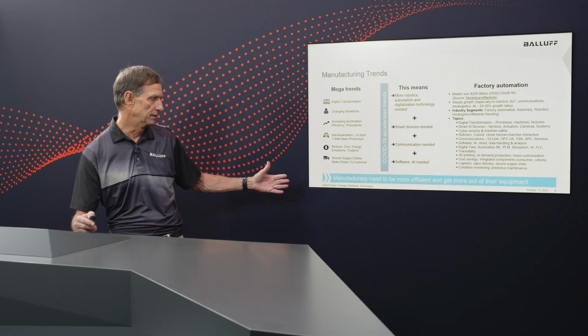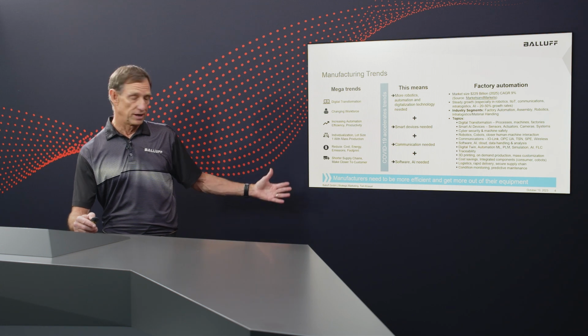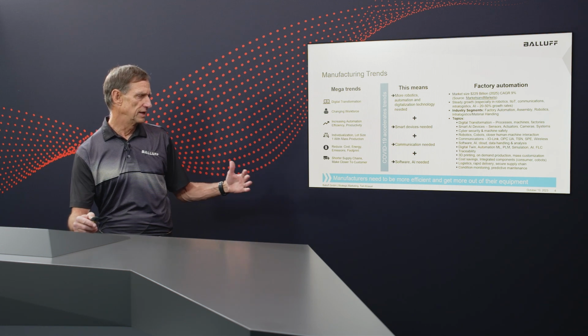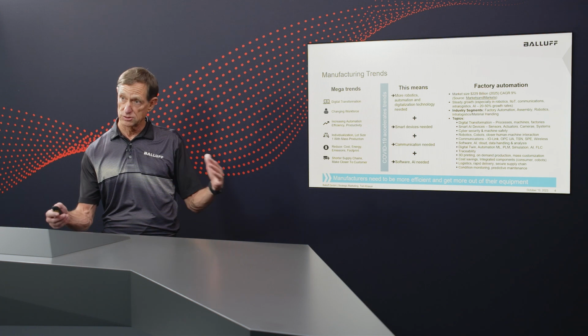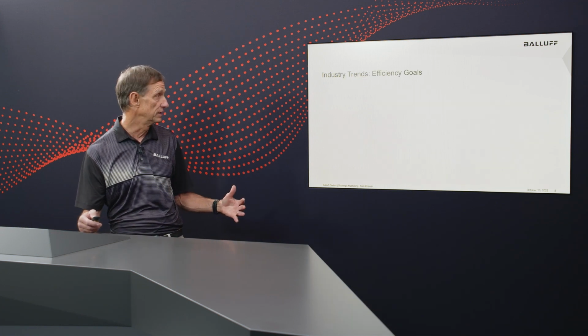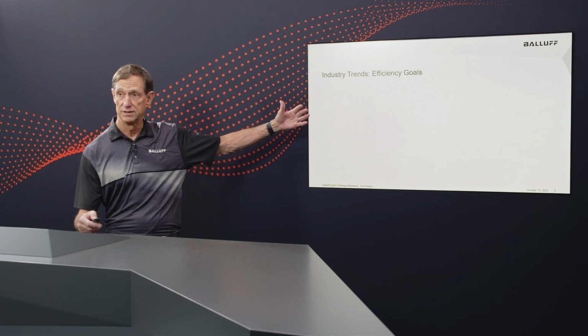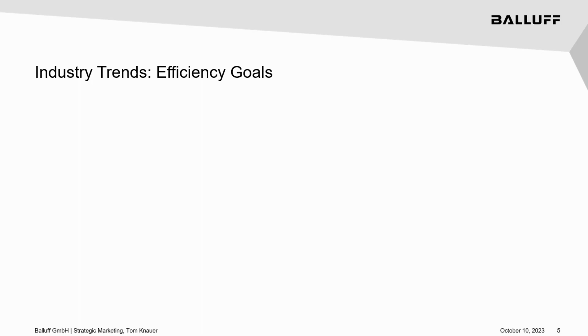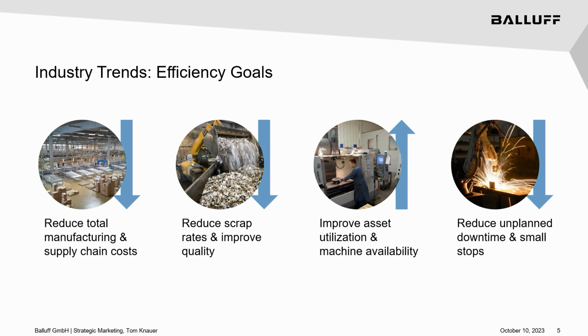So what does this mean? In general, manufacturers need to be much more efficient and get much more out of their equipment. So we start talking about things like overall equipment effectiveness, uptime, and productivity. How does this tie into what we're going to talk about today? Well, the efficiency goals that we see manufacturers driving relate to various different subtopics.